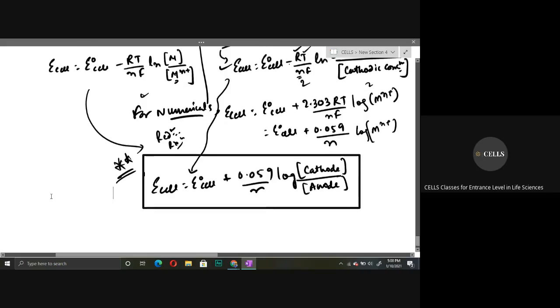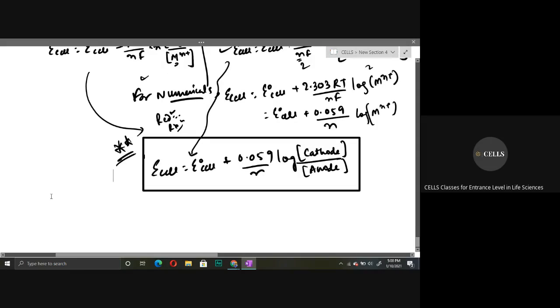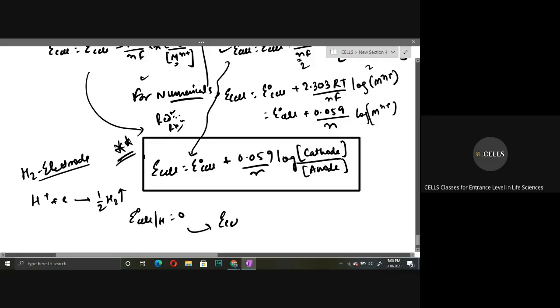Now, if you have a hydrogen electrode, H+ plus e- gives H2, which will evolve. We have studied that the E0 cell of a hydrogen electrode is 0. So the E cell value will be 0 plus 0.059, the number of electrons is 1, log of H+, and H2 will be 1 because it is not an ion.